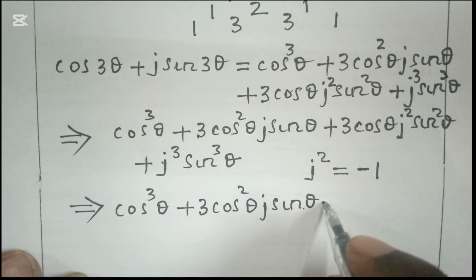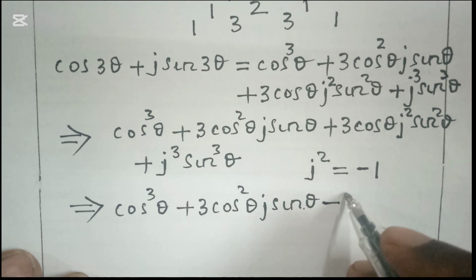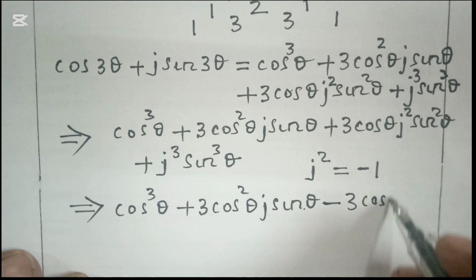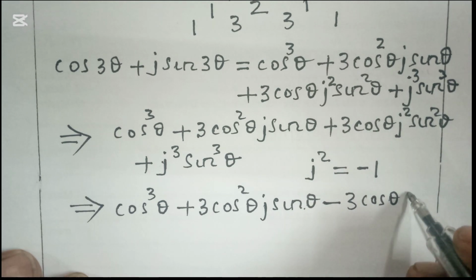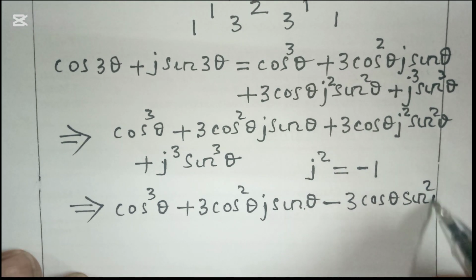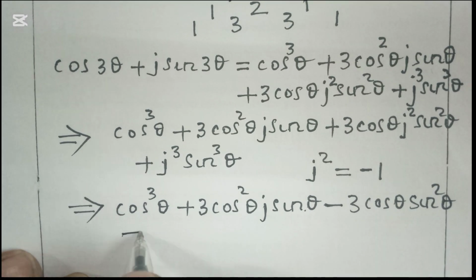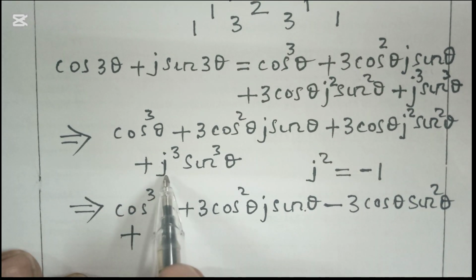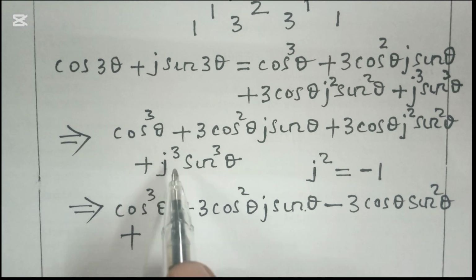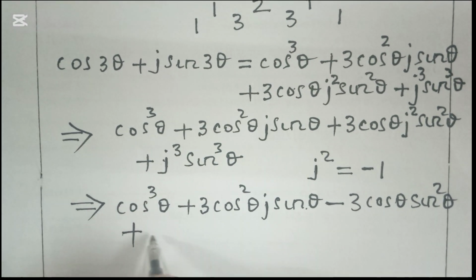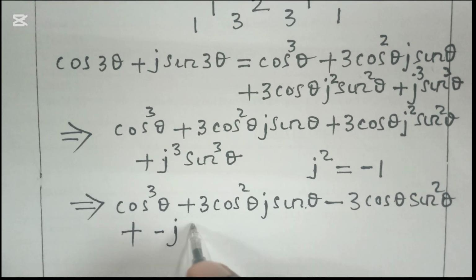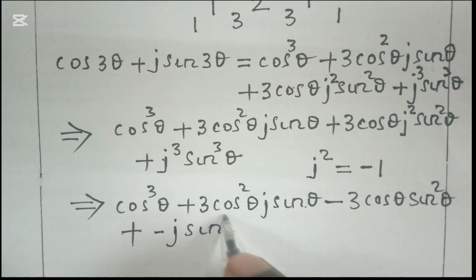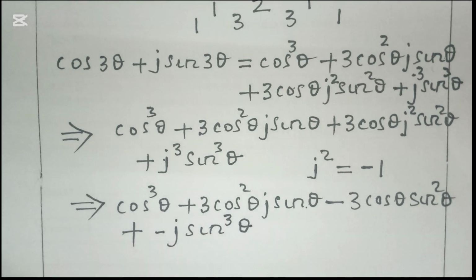So it will have minus 3 cos theta sine squared theta, plus, here we have j squared multiplied by j. That gives us j cubed. And so we now have minus j sine cubed theta.